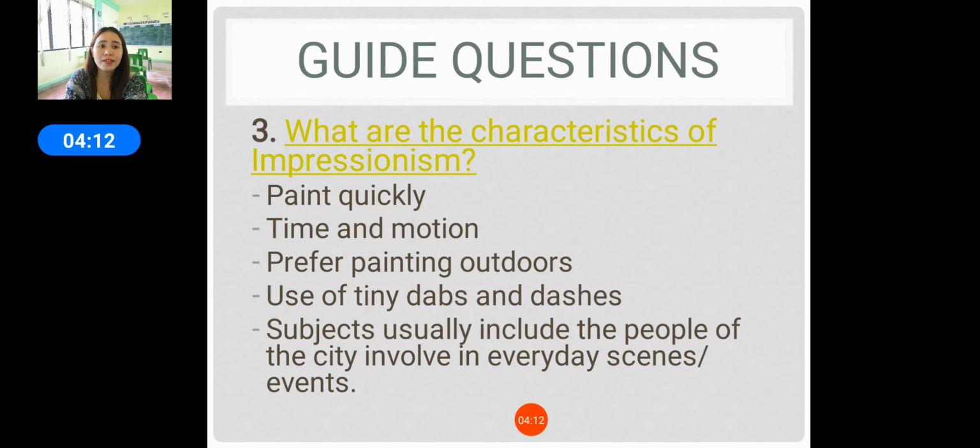Number 3, what are the characteristics of Impressionism? What are those characteristics so that we can know and classify if a painting, for example, is in Impressionism or not?